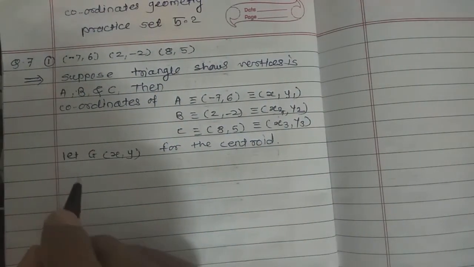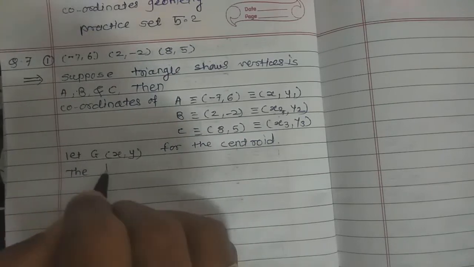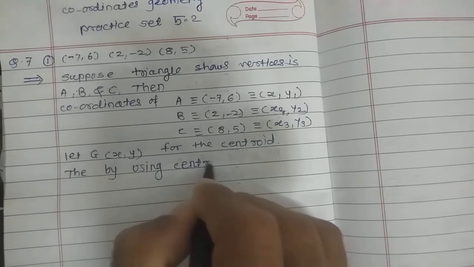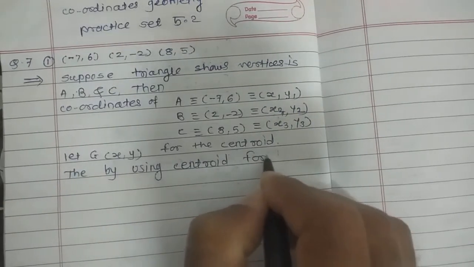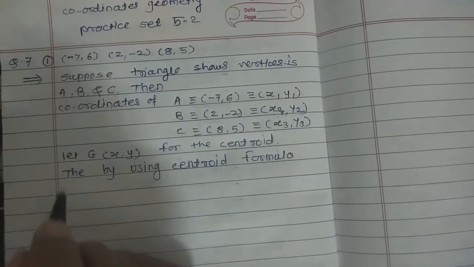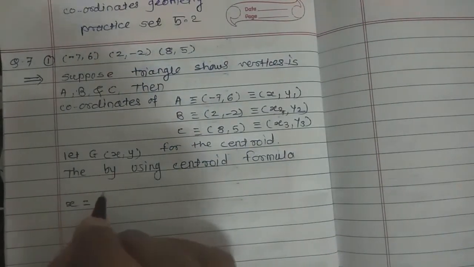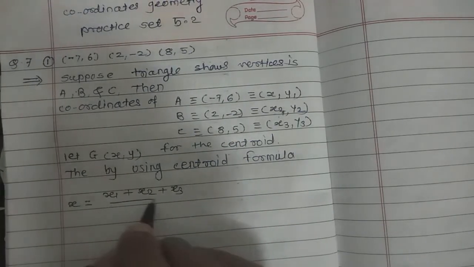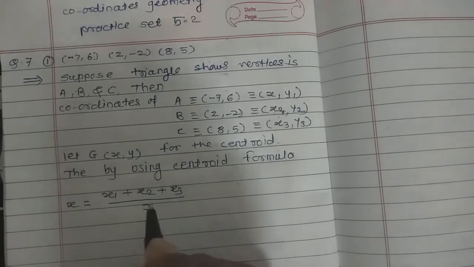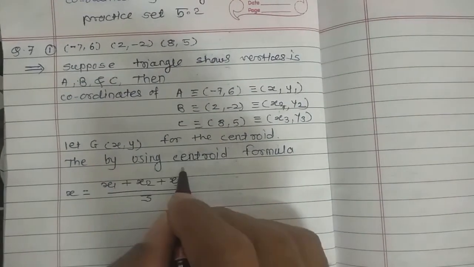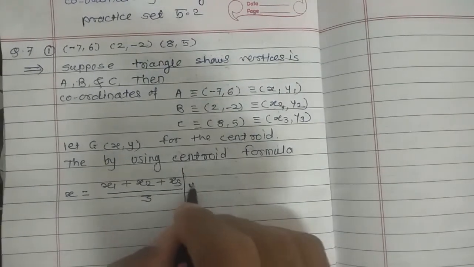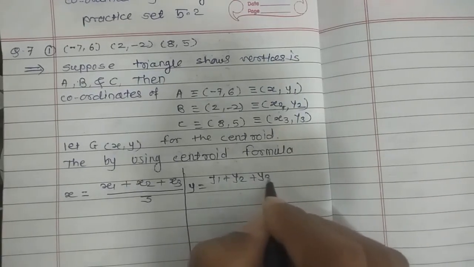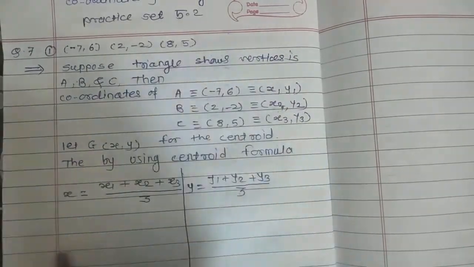Then by using the centroid formula, x is equal to x1 plus x2 plus x3 upon 3, and y is equal to y1 plus y2 plus y3 upon 3.